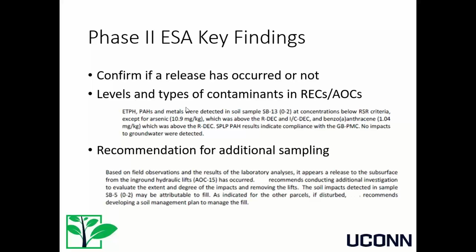For example, this is language from another report, and it tells you that in this soil sample, we identified this type of contaminant, we identified metals, and in many cases they might compare that with the regulatory limits. So you might see that as well. Typically, in Phase 2, they will report whether we had a release.